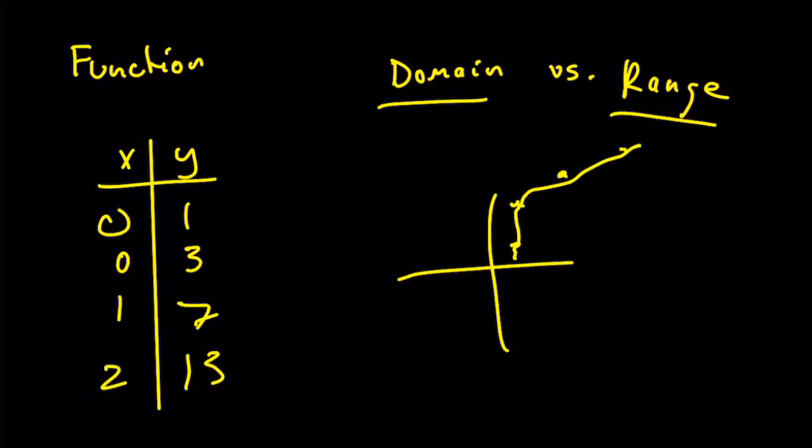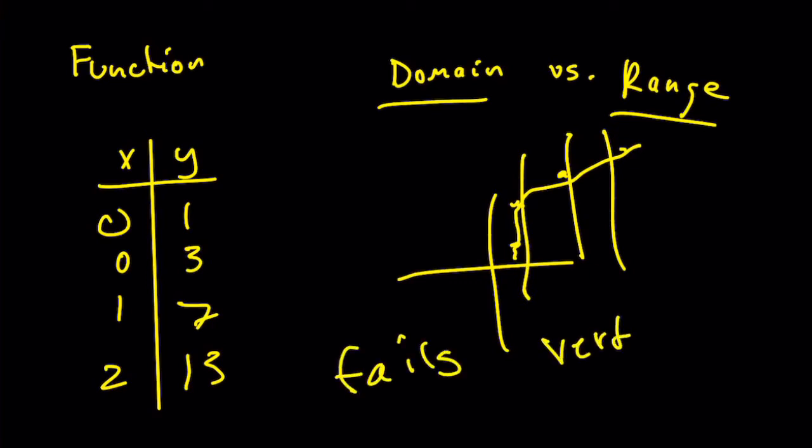And this is something called the vertical line test. If you can draw a vertical line and it only hits 1 point, you're fine. But if you go through here and you hit 2 points, it fails the vertical line test. What does that mean? That you had 2 y values for the same x value. So that's just another way of checking that concept.